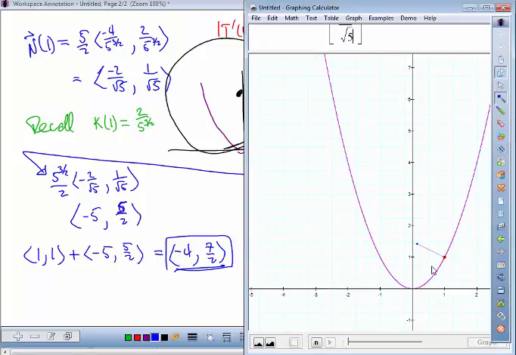So that looks pretty normal. It looks pretty perpendicular to the curve, right?